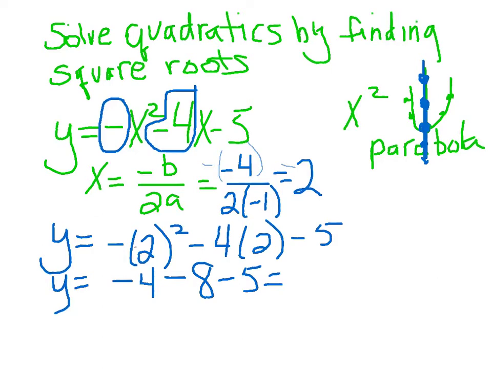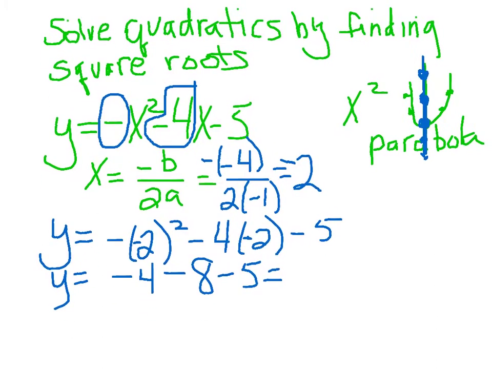Okay, if I put a negative sign here and a negative sign here, how does it change this? Well, this is still negative 4, because negative 2 times negative 2 is positive 4. Positive 4 with a minus sign in front of it is negative 4. But this is going to change that sign, isn't it? Instead of negative 8, we're going to have positive 8.